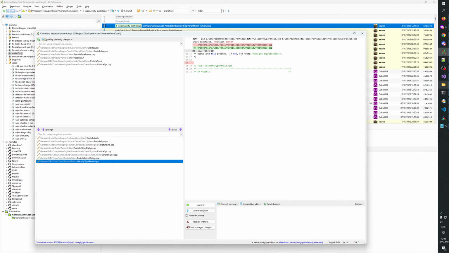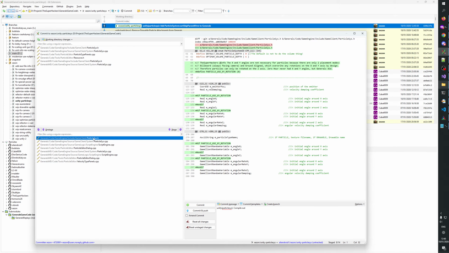Then here we say unify ParticleSys, compile out x and y particle angles.